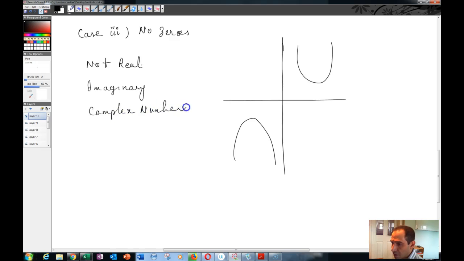We will get to that shortly. Okay, so basically your graph happens to be completely above or below the x-axis.